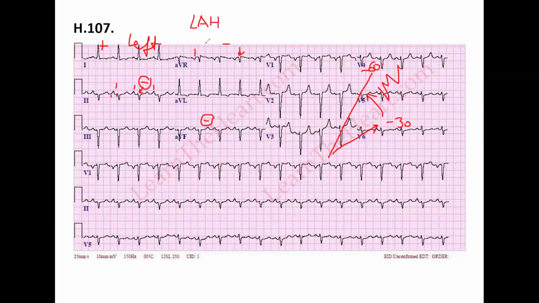Next, a pathological Q wave, for example in the inferior leads, can cause extreme left deviation again. WPW syndrome can cause it, and left bundle branch block, but in that case the QRS should be wide.